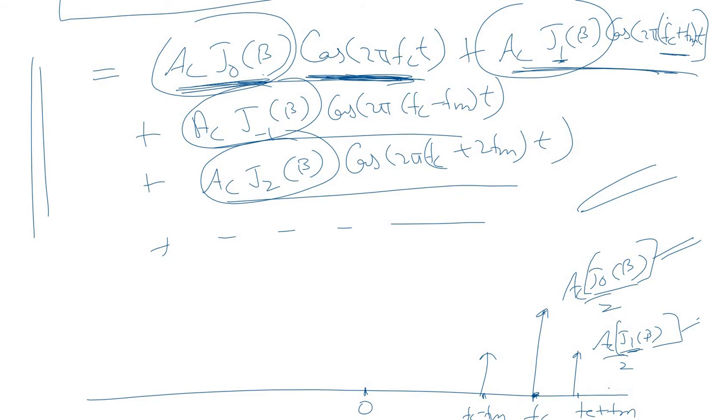So as we move away from f_c, the strength of the components keeps decreasing, and the same trend is followed in the negative counterpart also.